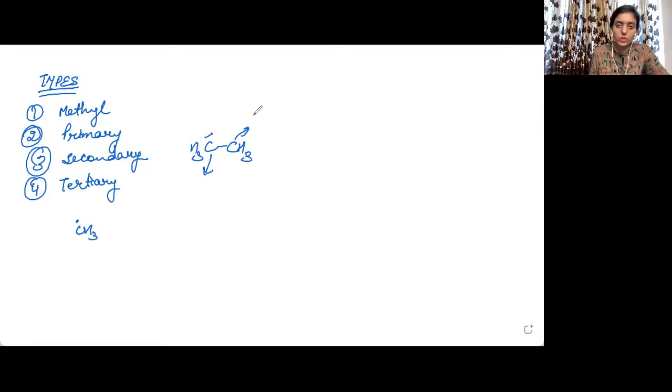Now we will be looking into the free radicals. This is the methyl free radical, then the primary free radical will be CH3CH2 free radical. Now the carbon which is containing the free radical is attached to only one carbon atom.